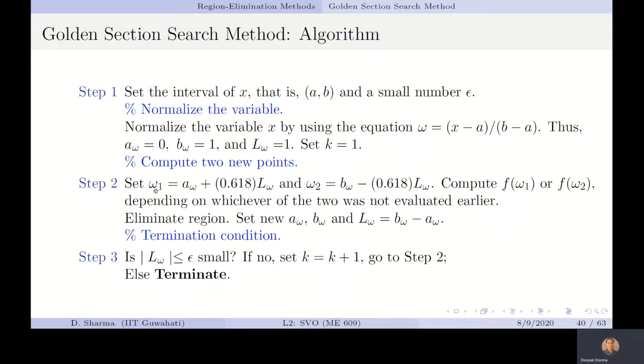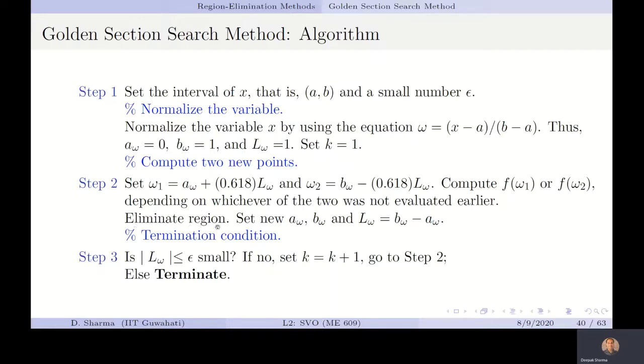Now, since we found the new points omega 1 and omega 2, we compute the function values. When I show you the hand calculation, you will realize we calculate just one, because the other function value is already calculated. Afterwards, we compare the function values, and you remember the rules shown in case 1, case 2 and case 3 with the region elimination method.